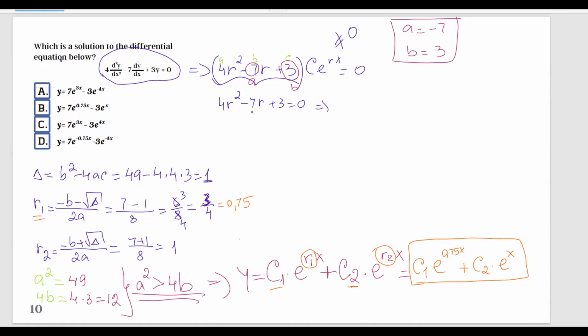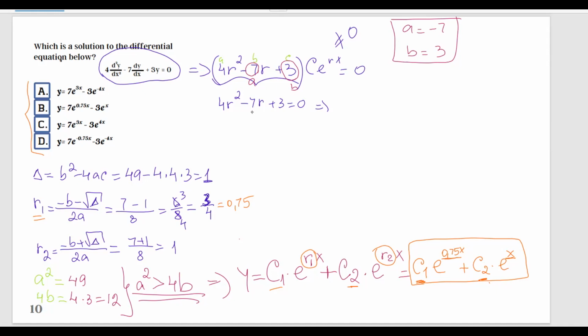Okay, and this is the solution we can calculate. So come back here to the ABC options. We see that it looks a little bit different. The thing is we cannot calculate C1 and C2, so let's ignore that. What we have is the R1 and R2 in these formulas. So let's check for that. We have e power 0.75x and e power x. Let's look at the first option. We have e power 3x and -4x.